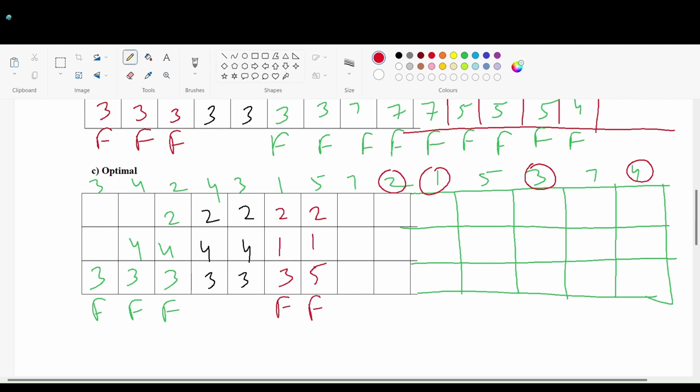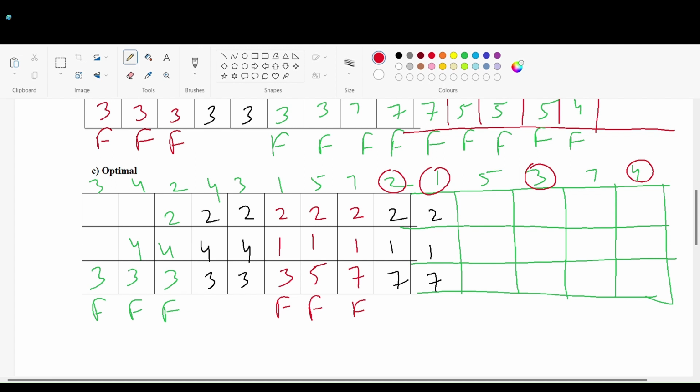Now 7. 5 is for the longer period of time, so 7 will replace 5. Okay, now 2 is already there, so 2, 1, 7. Okay, now 5.